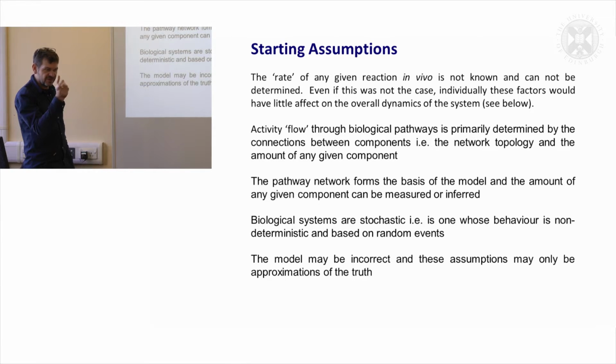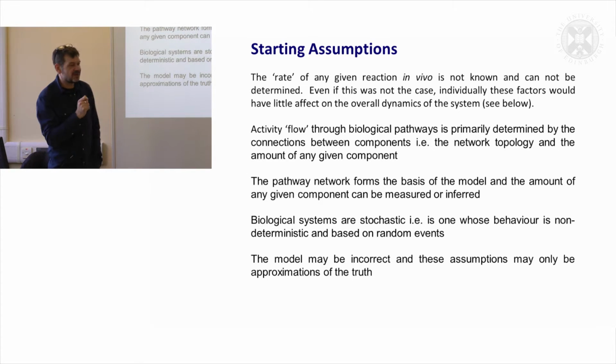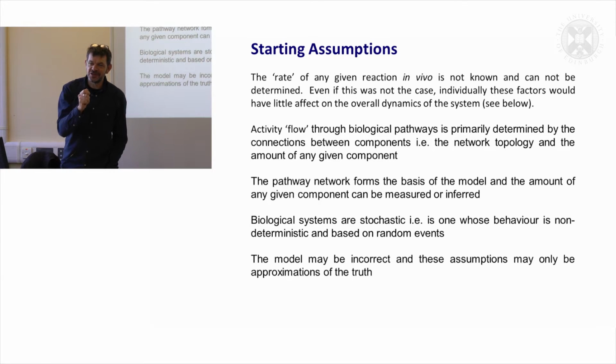So we're assuming that even though we might be able to determine rate constants of individual reactions, overall we don't think these rate constants have a huge impact when taken as a system as a whole. The reactivity flow through pathways is primarily determined by the connections between the components, i.e. the network topology, and the amount of a given component. We have just drawn the topology of a signaling network.